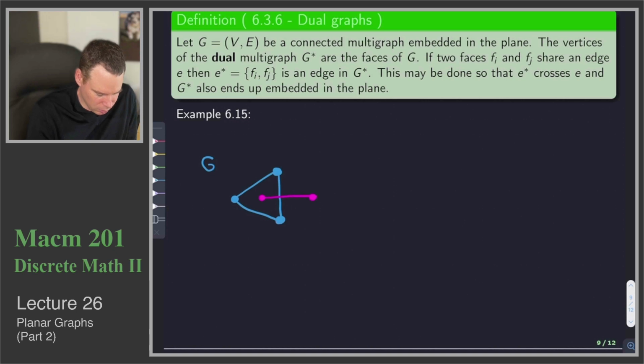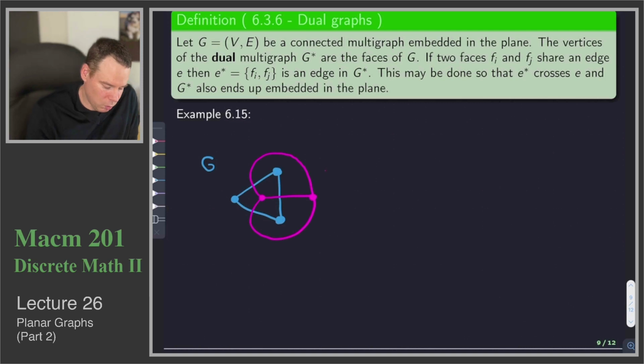So I will add an edge that crosses that. But here's another edge that's separating this face and this face. So I will add an edge. And then there's another edge that's separating this face and this face. So I will add an edge.